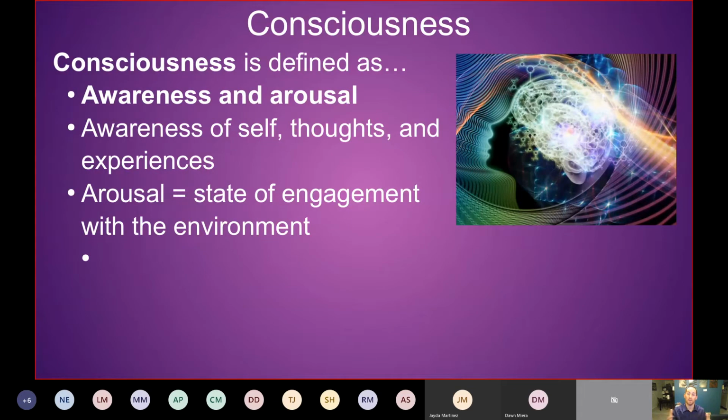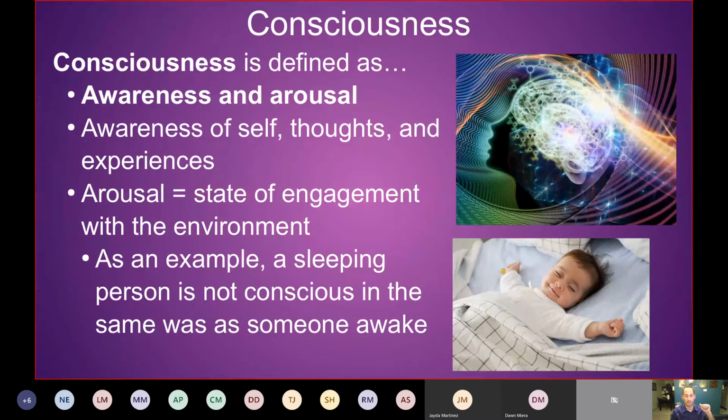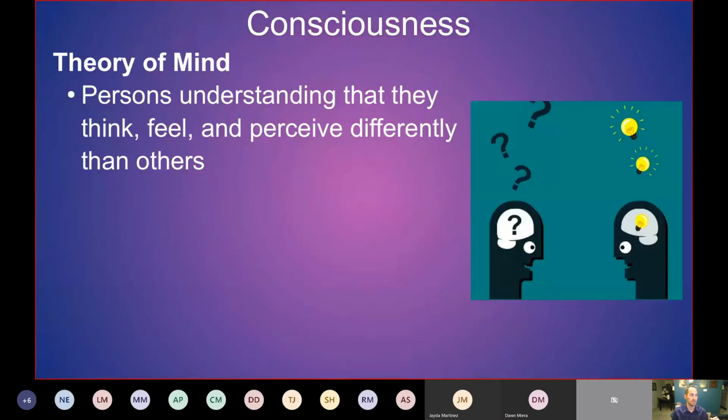If you're really, really focused on, say, a basketball game that you're playing, your arousal level will probably be a lot higher, right? So that's what it's talking about there. So consciousness is awareness and arousal. So the person who is sleeping is not conscious in the same way that someone who is awake is conscious. So we'll talk about some of those delineations.